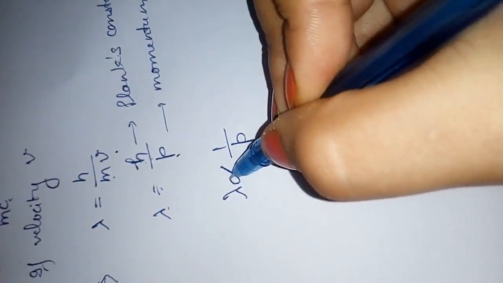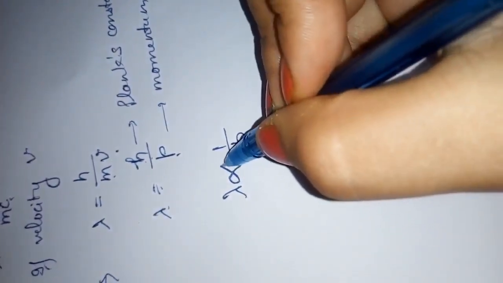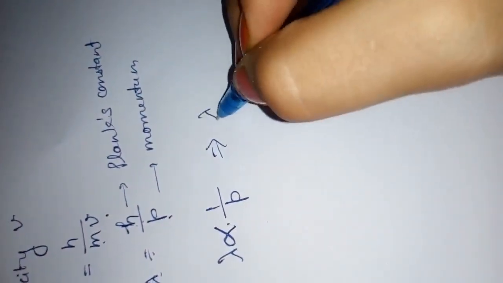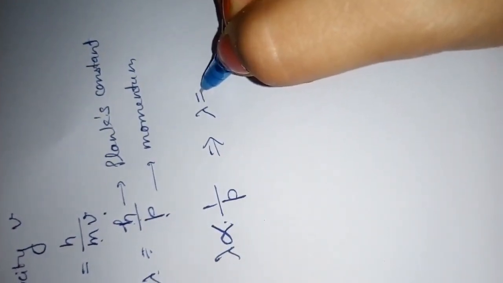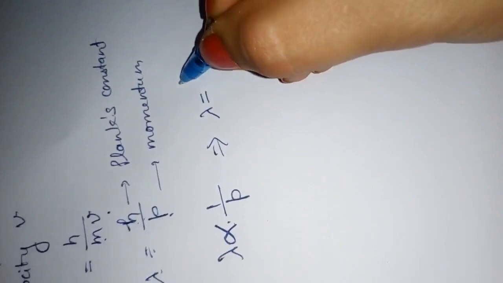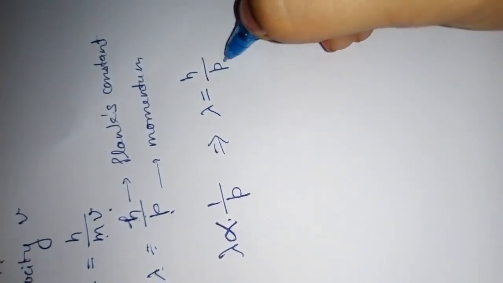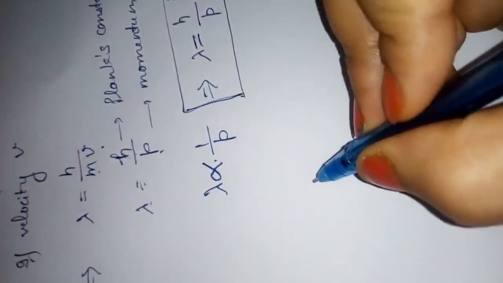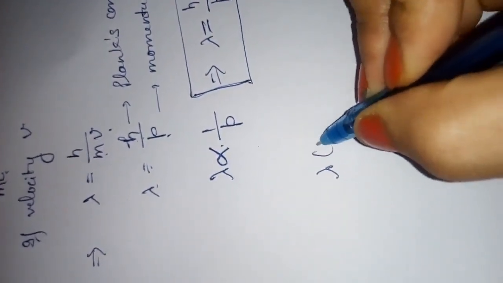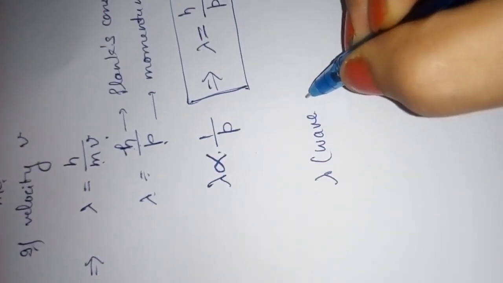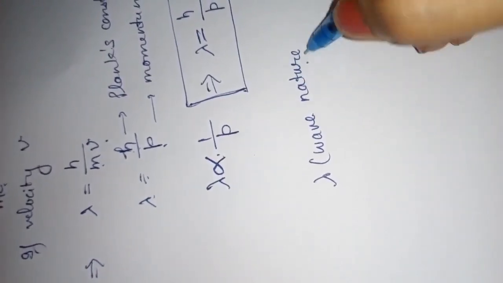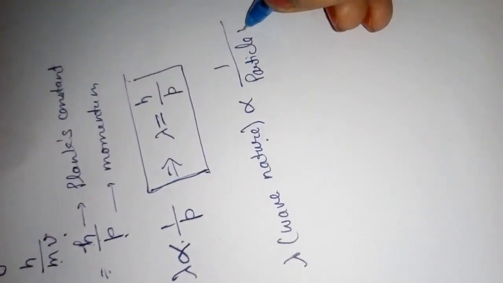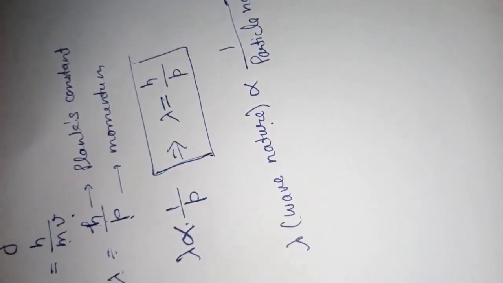When you write this inverse proportionality as an equation, that is lambda is equals to a proportionality constant, which here is h, Planck's constant, divided by momentum. So lambda, the wavelength, that is wave nature, is inversely proportional to particle nature.